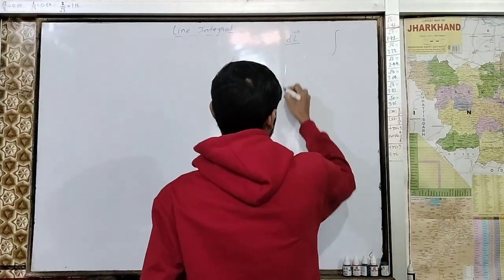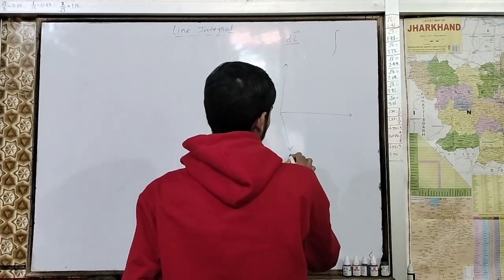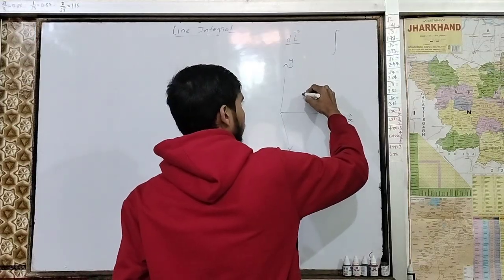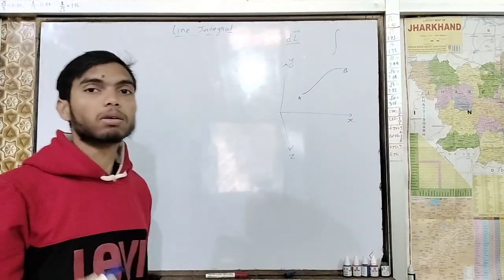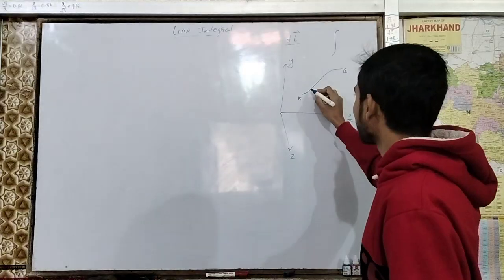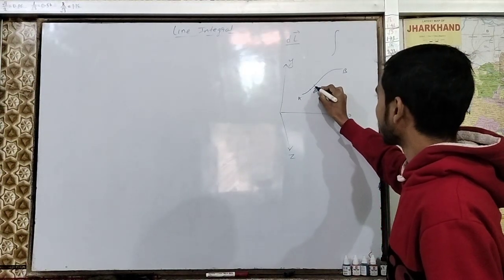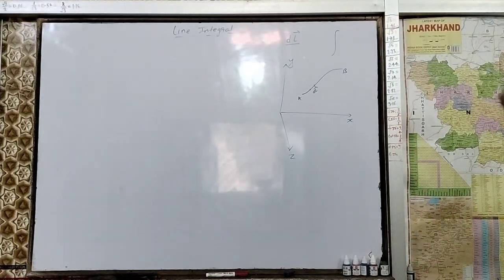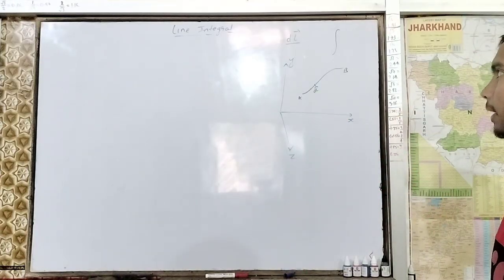Let's say we have the axes X, Y, Z, and a curve from A to B. A small length we take from this curve, let's suppose this is dl. It also provides direction because we have these x, y, z coordinates.